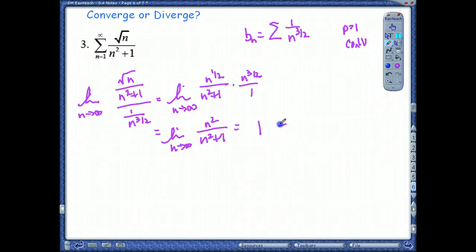Now, this is positive and finite, so the function we're looking at is going to do exactly the same thing as the function we compared it to. Okay, so since B sub n converges, A sub n will also converge. Okay, so therefore, this little guy is going to converge as well.